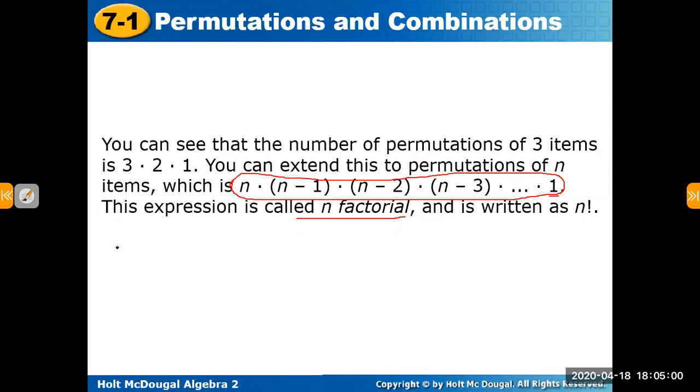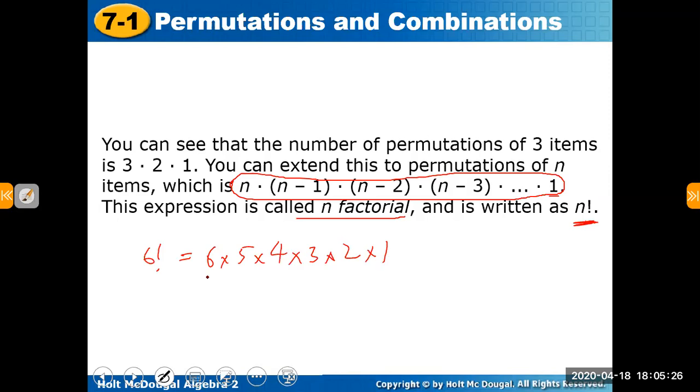Okay, so it is written like this, n factorial. If I have a number, let's say 6 factorial, I will write it as 6 multiply 5 multiply 4 multiply 3 multiply 2 multiply 1, and so on for any given number.